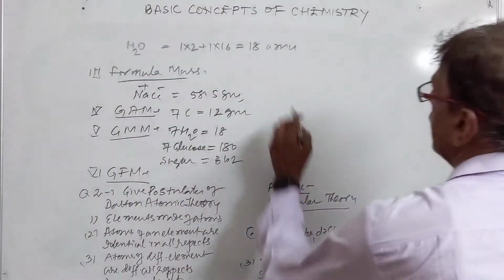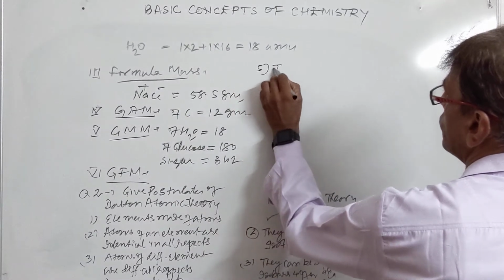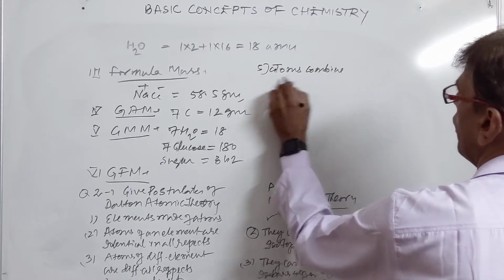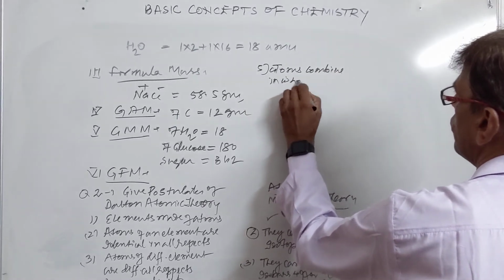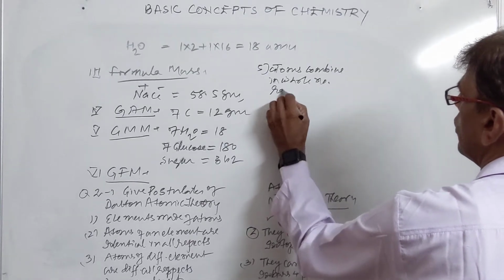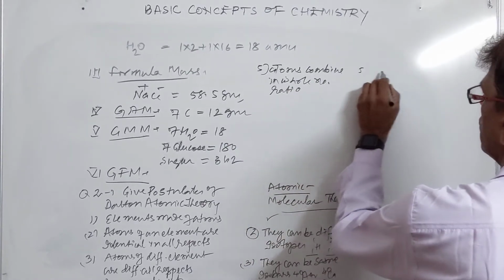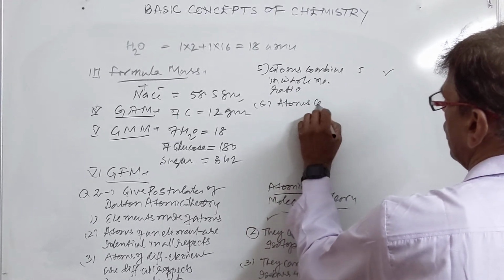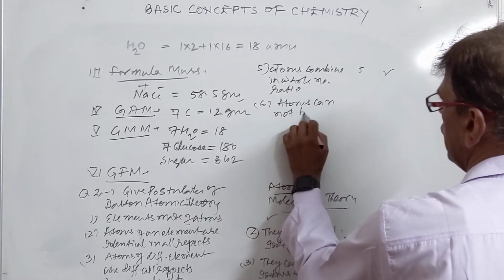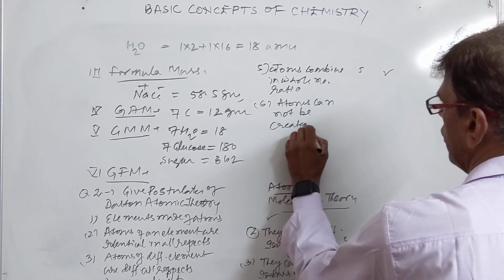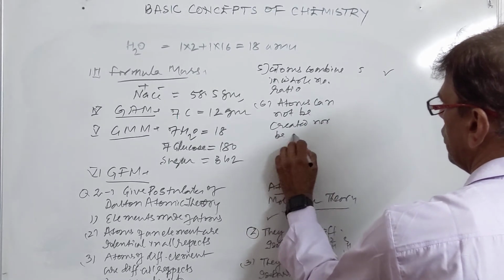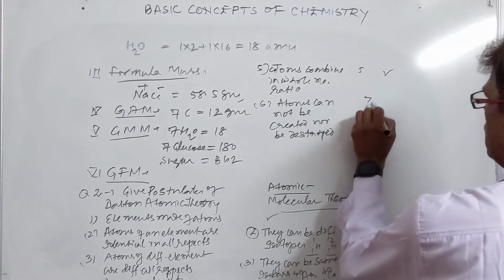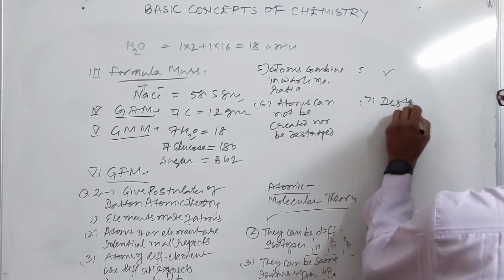So for the fifth postulate, they accept atoms combine in whole number ratio. So this is okay. Sixth postulate, atom cannot be created nor be destroyed. It cannot be created, but it can be destroyed and changes into energy.